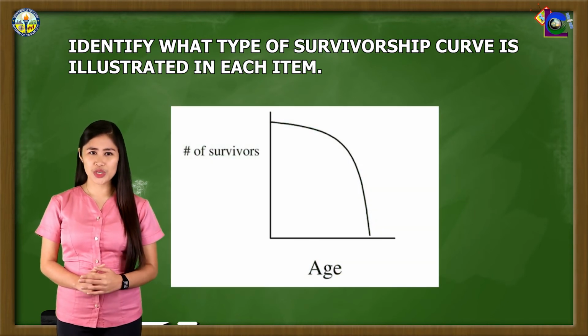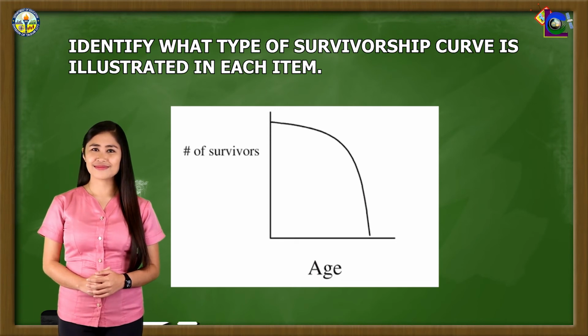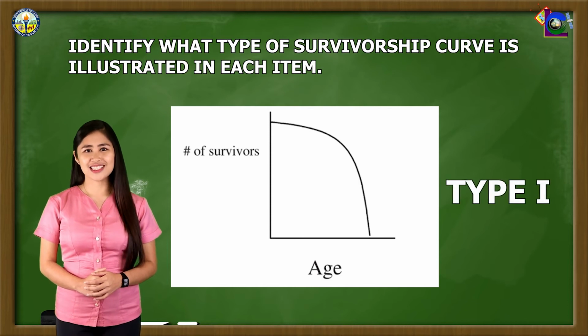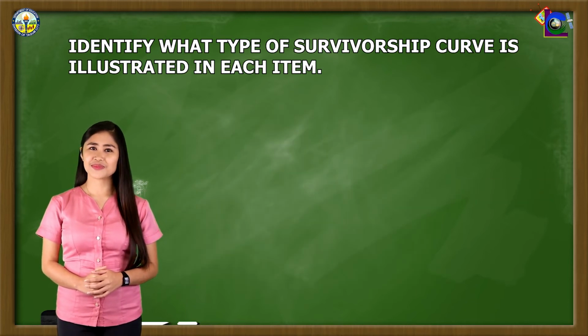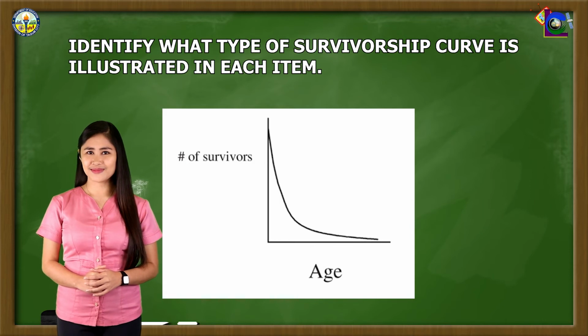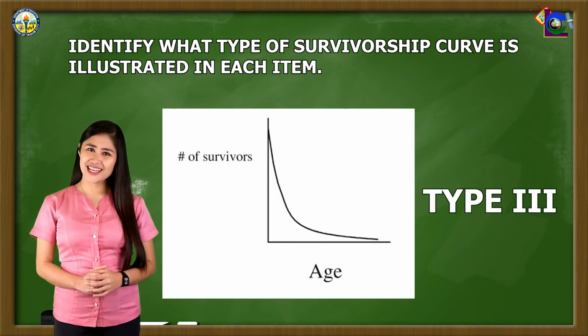Number 2. Cool, it's type 1. Number 3. Chill, it's type 3.